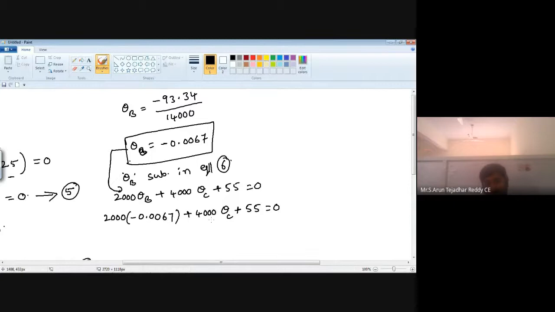All of you open your calculators, enter these values, then you will get the theta C value. What is the value of theta C? That is minus 0.0104.